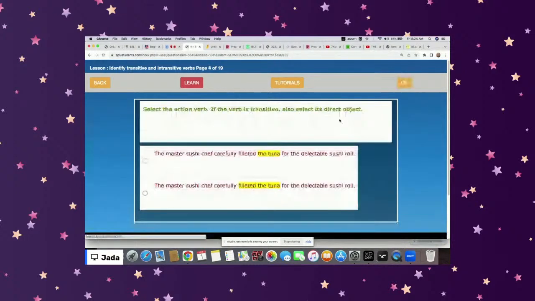And then this one also, what do we have? Which of them? The first or the second? So what's our answer here? The second one.